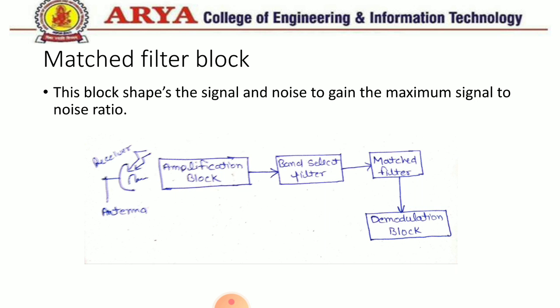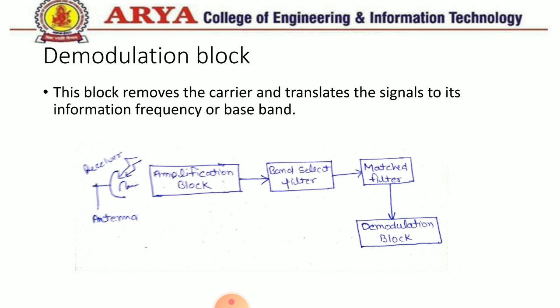So the last block is demodulation. The role of demodulation is to separate the carrier signal and baseband signal from the modulated signal. So we can say that this block removes the carrier and translates the signal to its information frequency or baseband.